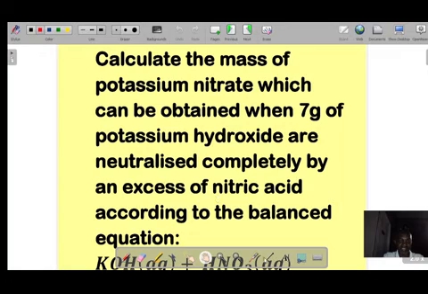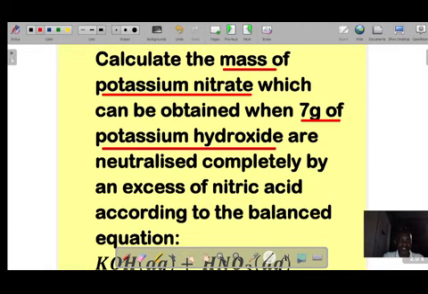Don't forget that. I want the mass of potassium nitrate when 7 grams of potassium hydroxide are neutralized. Okay. Let's see how to do this now.